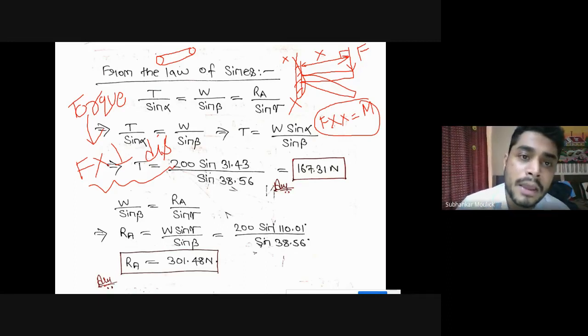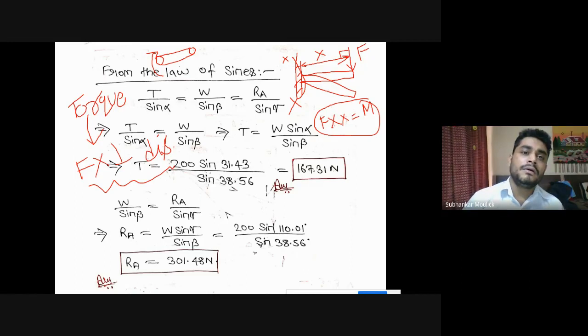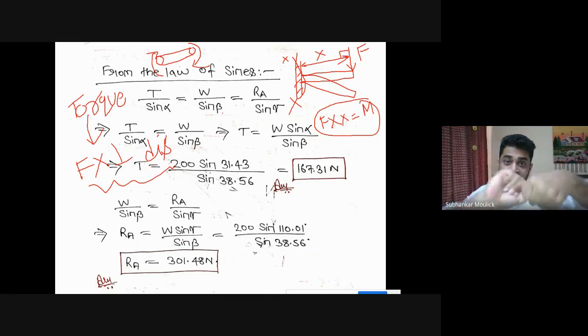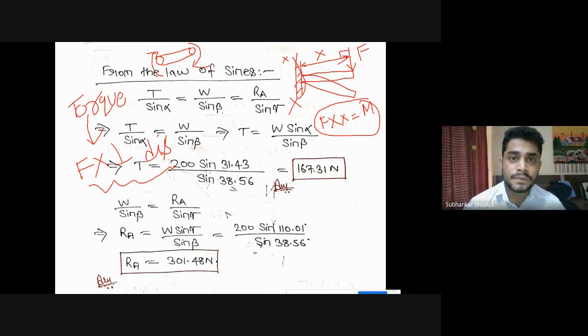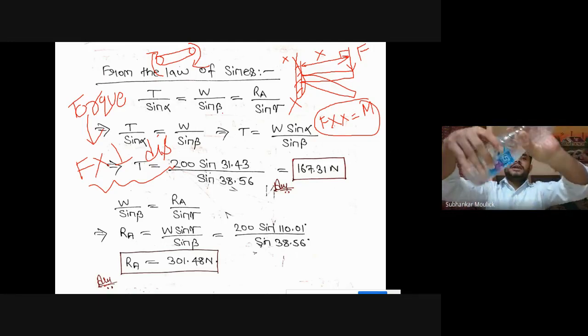So if you apply a torque, say clockwise in this direction, and opposite side in this direction, then what will happen? The body is twisting, means a twist is generated in the body.